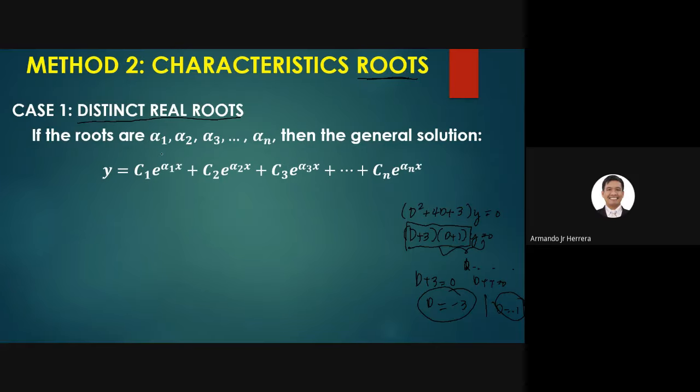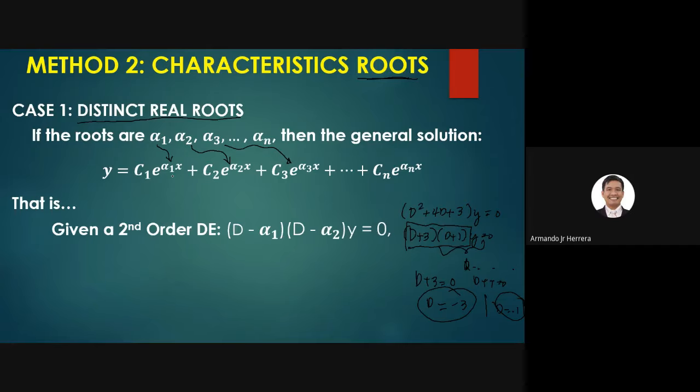Meaning to say c1 e raised to your first root times x, alpha 2 your second root, alpha 3 your third root, and you have the nth root here as the exponent of e multiplied by our independent variable x. So that is given the second order DE, so that's D minus alpha 1, yung factored form natin, is equal to 0. Then whose roots, pag inequate natin sa 0 tulad ng ginawa natin dito, magkakaroon tayo ng root 1 is alpha 1, root 2 is alpha 2.